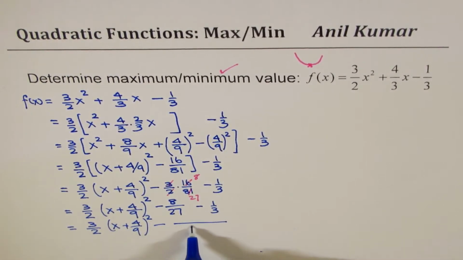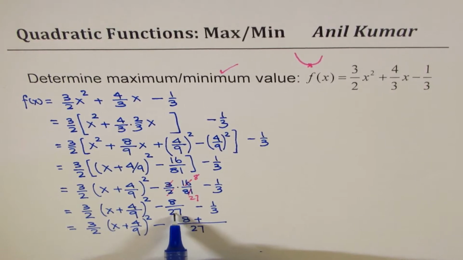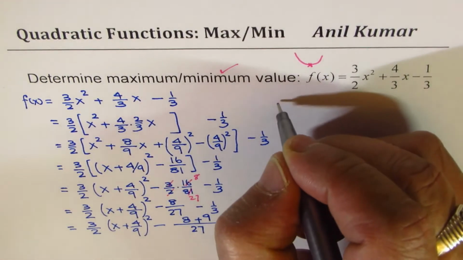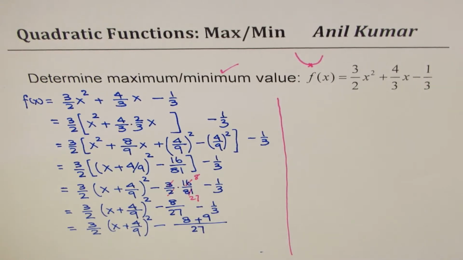I'm taking common denominator as 27. 8 plus, this is 9 times 3, right? So 8 plus 9, correct? So that gives you the final answer, which I'm going to write on the right side, and then we'll write maximum or minimum.